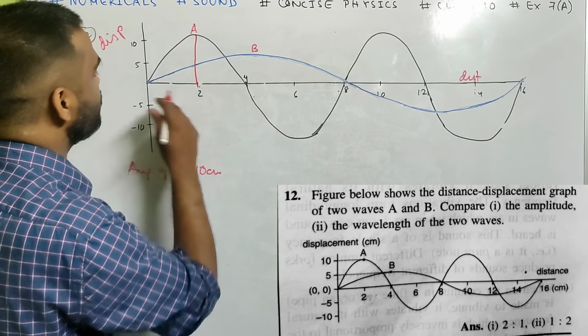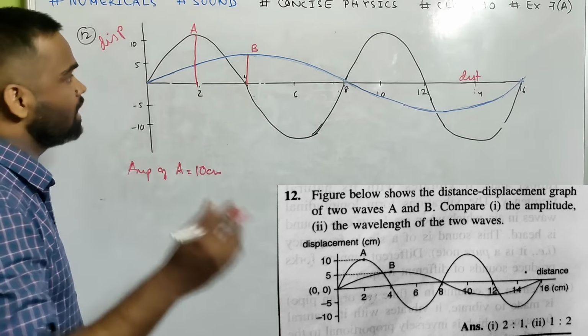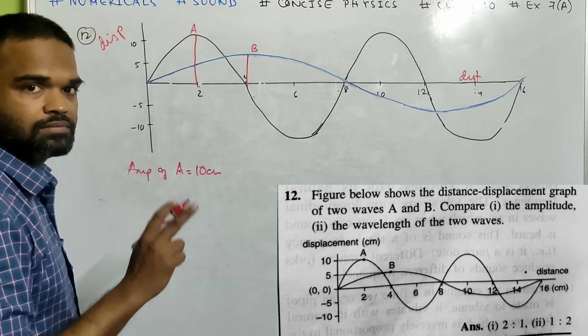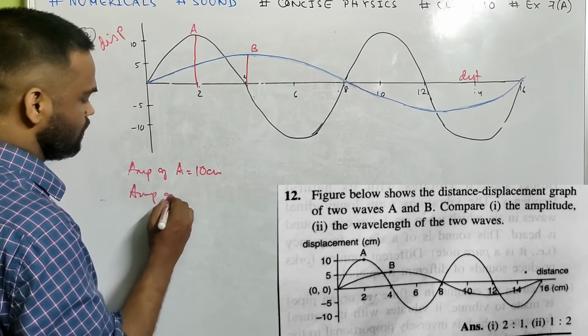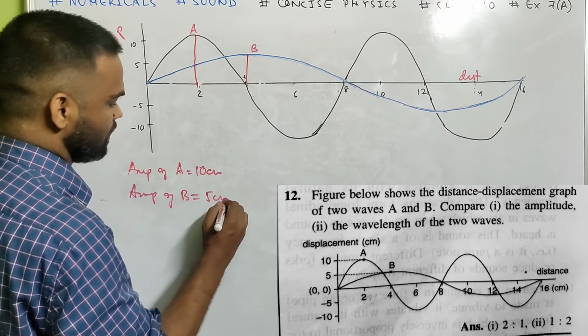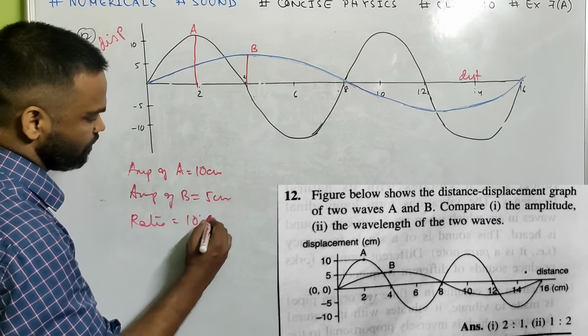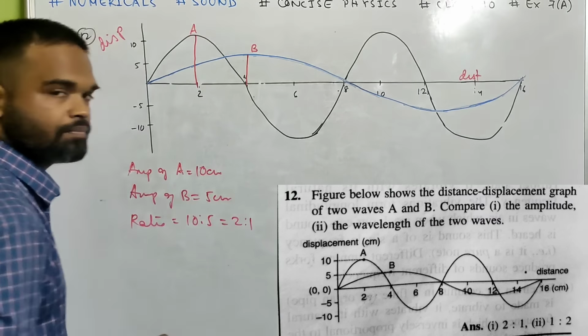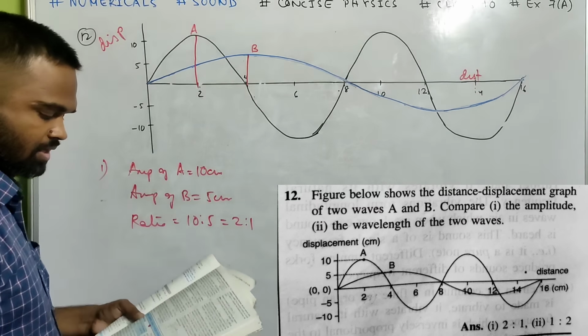Similarly, the amplitude of wave B, if you look carefully, is 5 centimeter. So the ratio will be 10:5, that is 2:1. That's the ratio of the amplitude.